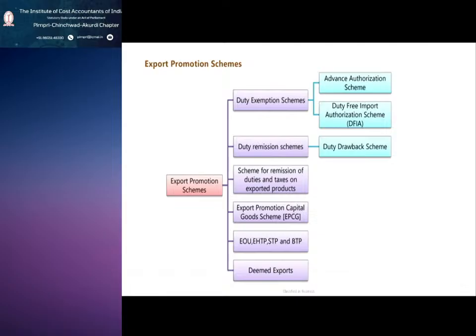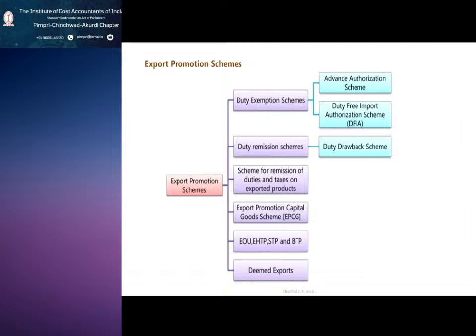Now we are into duty exemption schemes. Under duty exemption schemes we have two categories. One is the advance authorization scheme, the other one is the duty free import authorization scheme. Once we have completed the advance authorization scheme, we can study the duty free import authorization scheme.